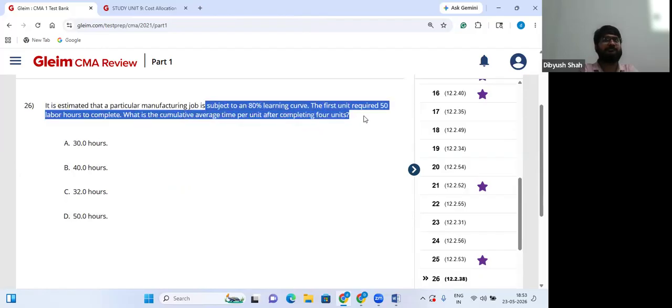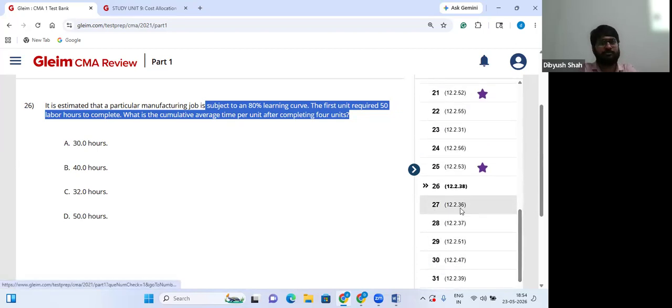What is the average time taken after 4 units? If you guys are good, you can get these answers in seconds, if not minutes. If you are not good also, it will take you hardly 5-7 minutes to get accustomed to the process. Otherwise, solve as many as you can. But I will discuss the entire set by tomorrow.